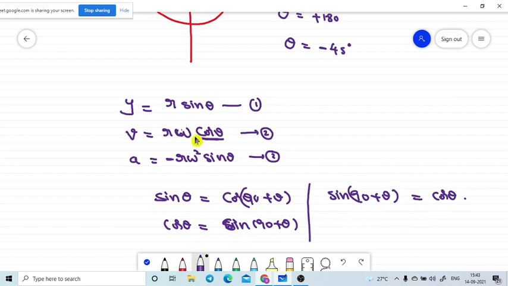This formula I am using here, so the velocity becomes R omega into sine of 90 plus theta. It is the second quadrant angle, and in the second quadrant sine is positive, so there is no issue in this conversion. Here an odd multiple of 90 is there, and when an odd multiple is there, sine is converted into the cos term. That is the trigonometric rule we used here.